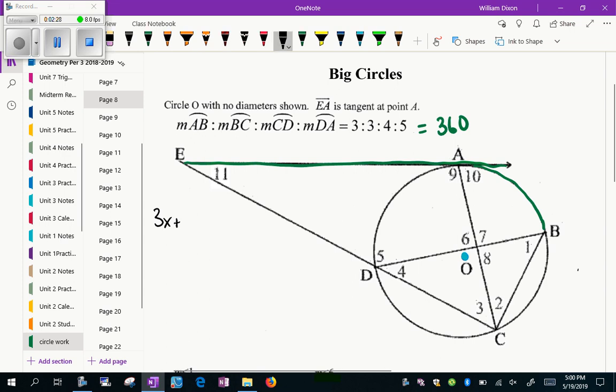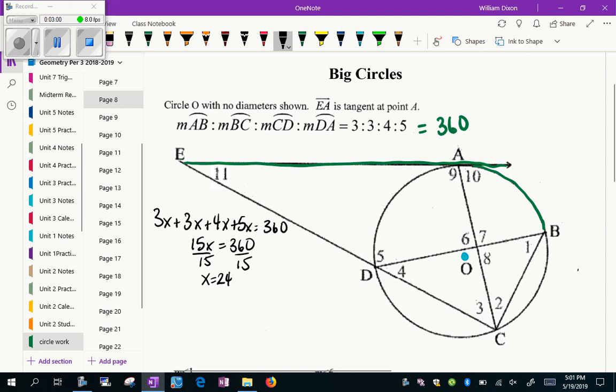So that's 3x plus 3x plus 4x plus 5x equals 360. I'm going to add those x's together, combine like terms, and I get 15x equals 360. I'm going to divide both sides by 15. When I do that, I get x equals 24.